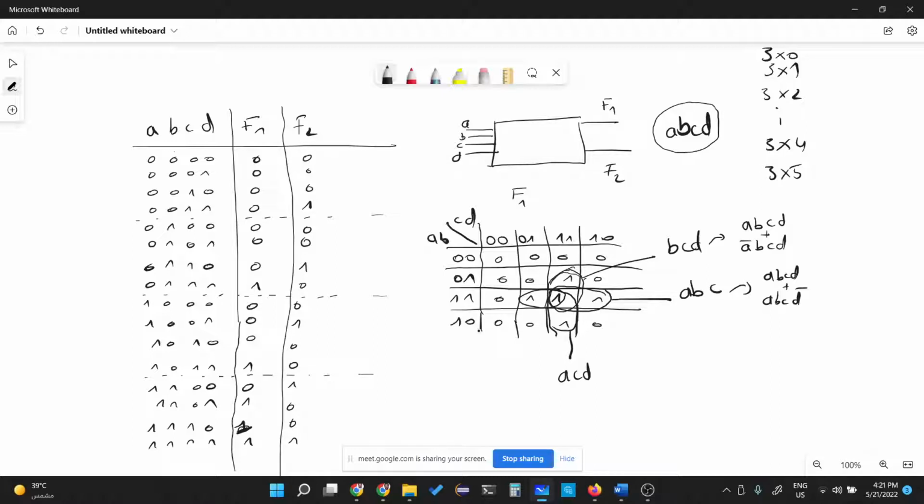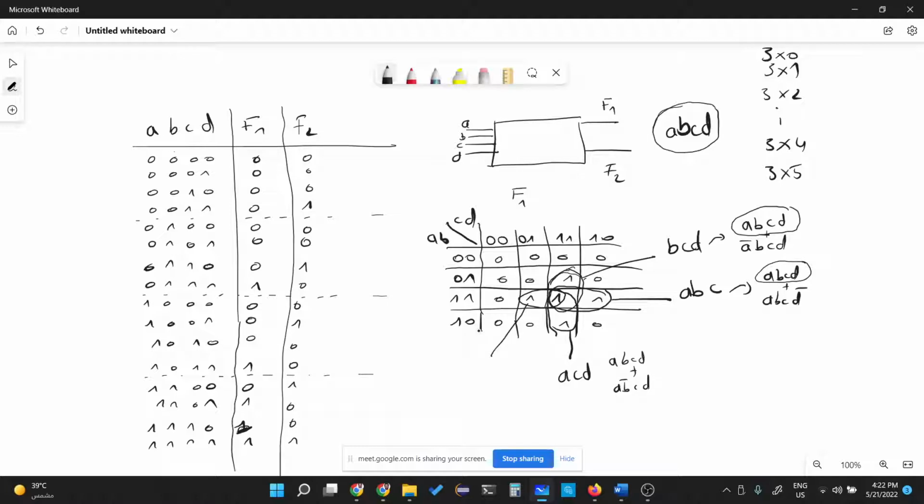Is it clear? Is it clear what you have here now? It's clear why ABCD will be included in all of these terms, because it's there. So also this one ACD, in reality it's ABCD or AB bar CD.